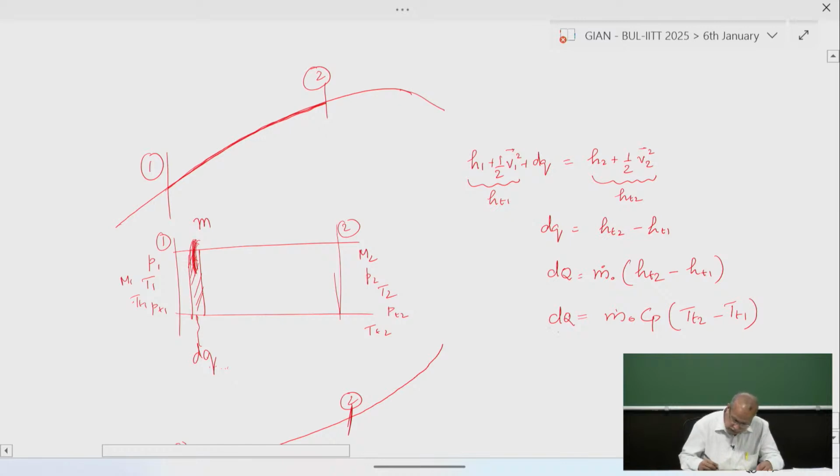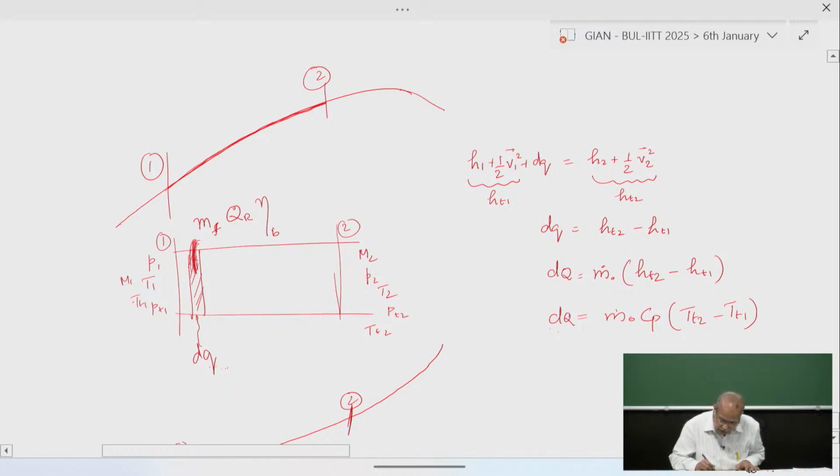So if you're considering the whole thing, this dq is nothing but the mass of fuel that is injected into the combustor. That fuel will have a calorific value QR, sometimes it's also the heat of reaction, and in some combustors, not all the fuel will be efficiently converted. There will be a combustor efficiency accounting for it.